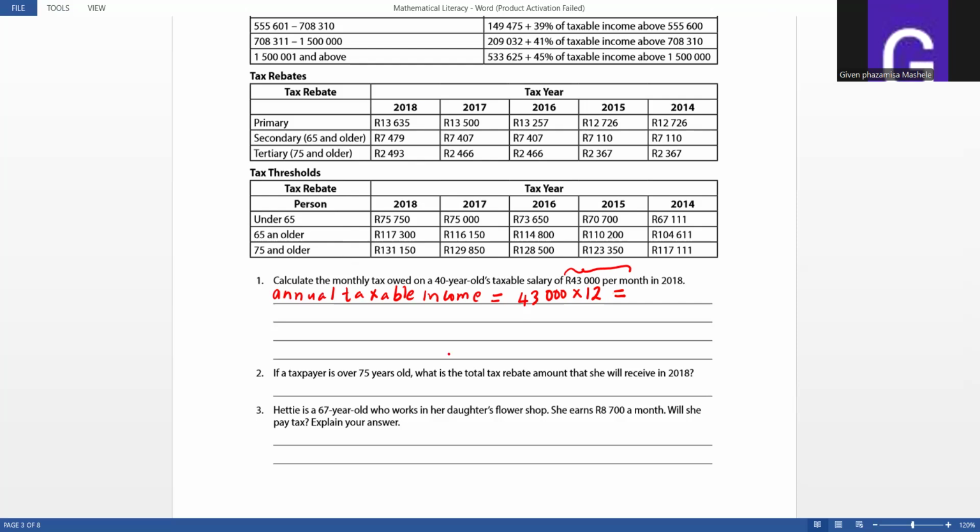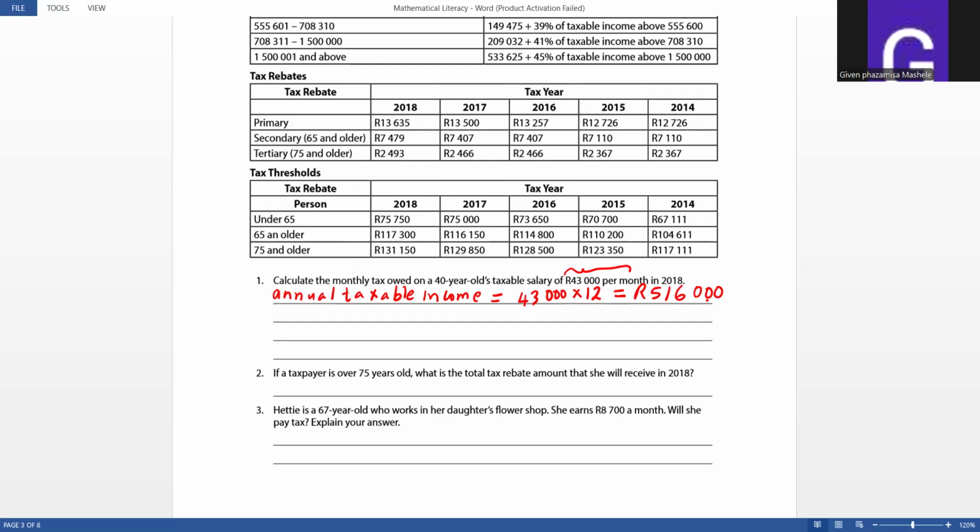This will give us 516,000, if I'm not mistaken. There are no non-taxable items, no pension, so we do not subtract anything here.